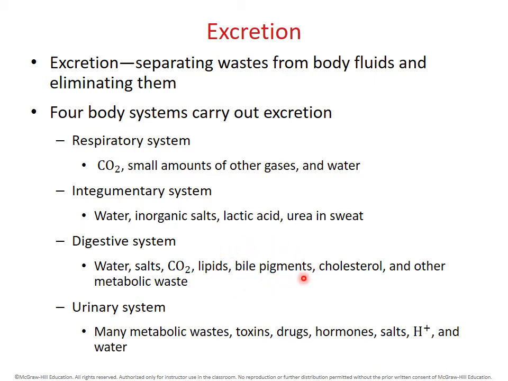And you may recall from our first chapter this semester, those bile pigments ultimately derive from the breakdown of hemoglobin. Some cholesterol is excreted via the feces, and a variety of other minor waste products. So while the main role of the digestive system is elimination, there are some things that are excreted as well.